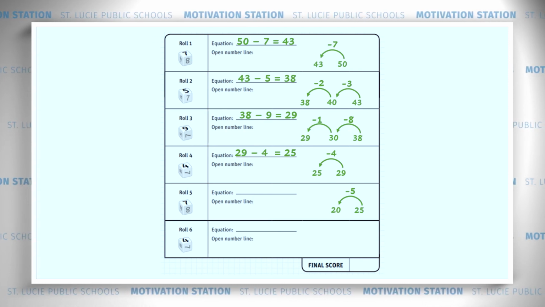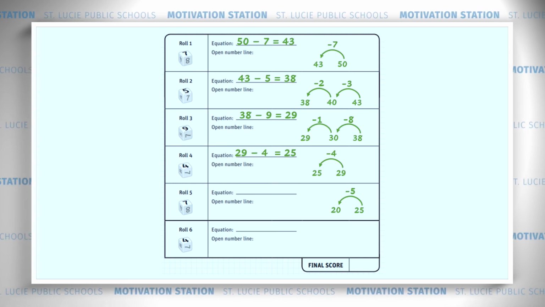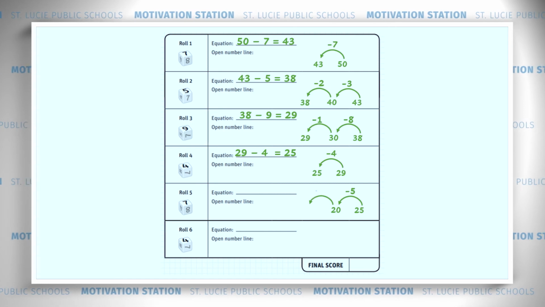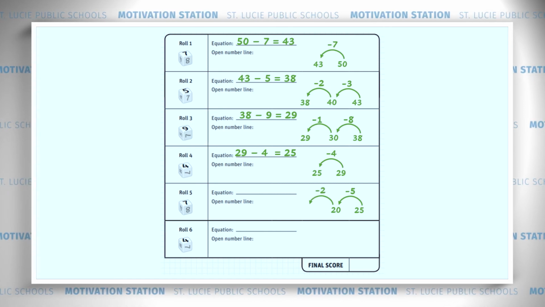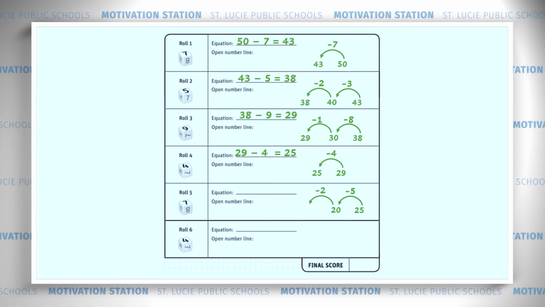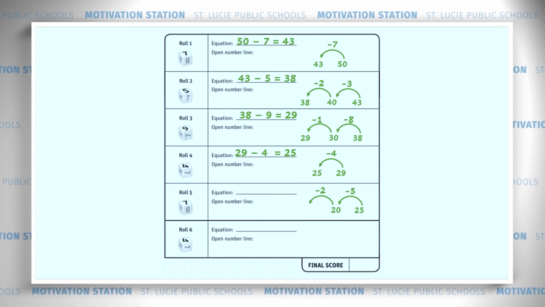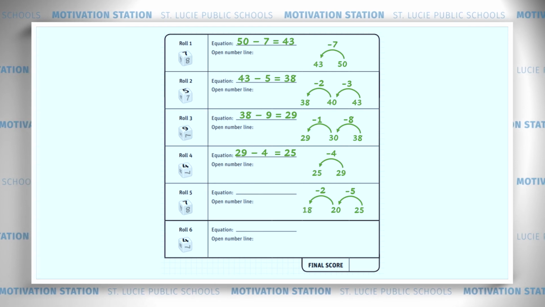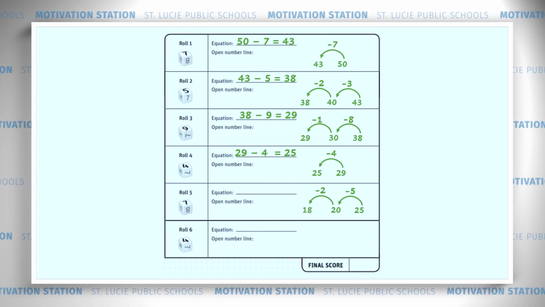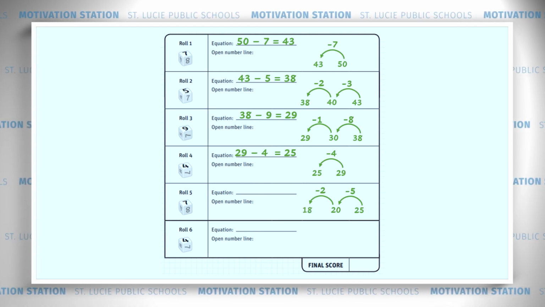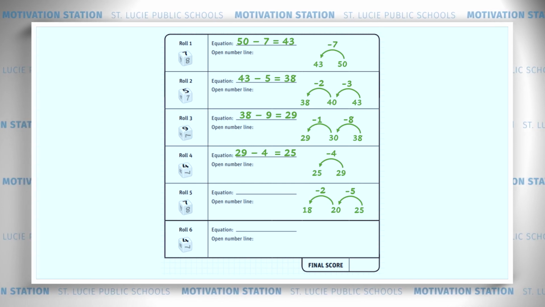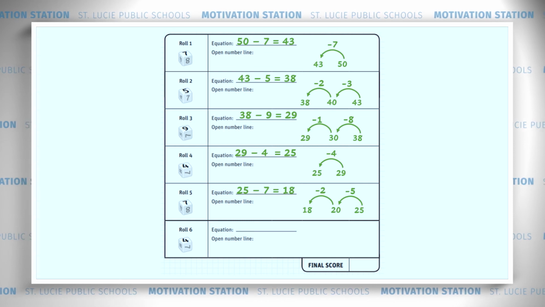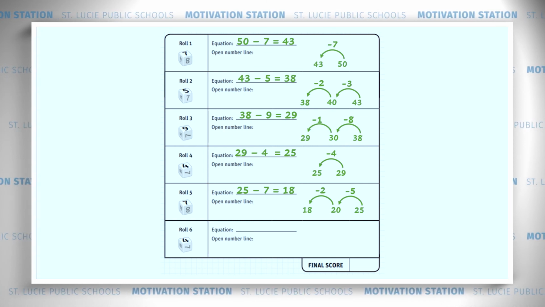I've taken away 5, but I need to take away a total of 7. 5 and 2 make 7. So I'm going to take away 2 more. 20 minus 2. 10 minus 2 is 8, so 20 minus 2 is 18. And then my last step, that's right, I have to write my equation. 25 minus 7 equals 18.